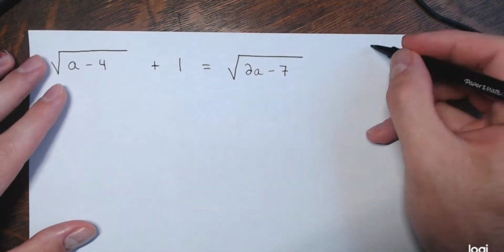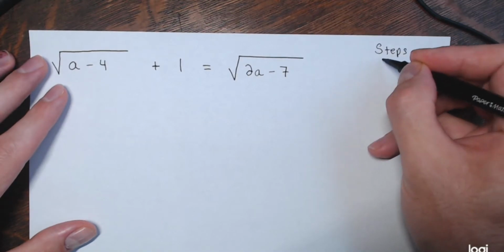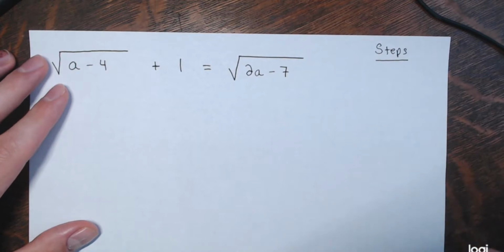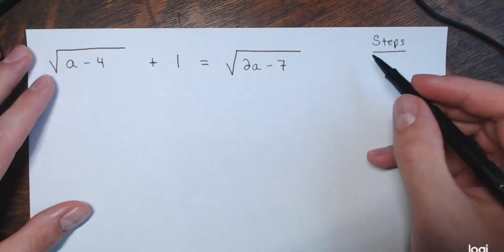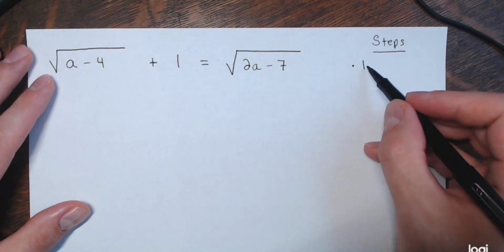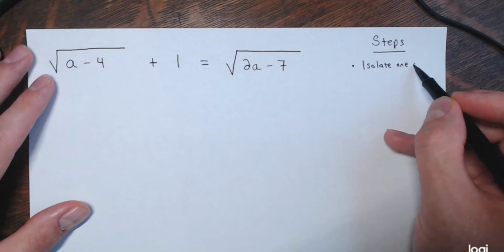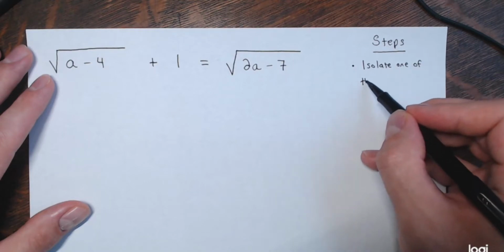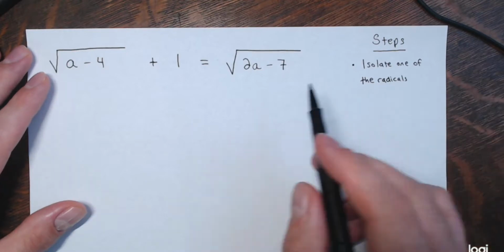Alright, so I'm going to write out the steps here that I'm going to perform to solve these equations that have two radicals, two square roots. The first step is to isolate one of the square roots, one of the radicals, which is already done here.